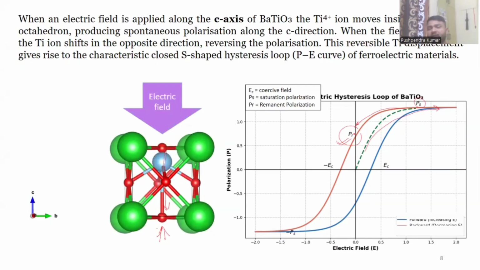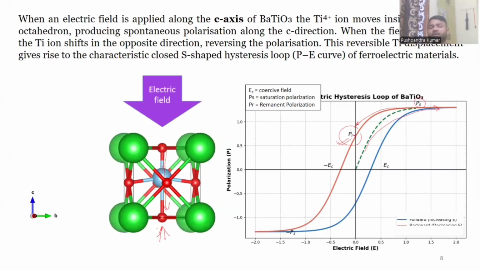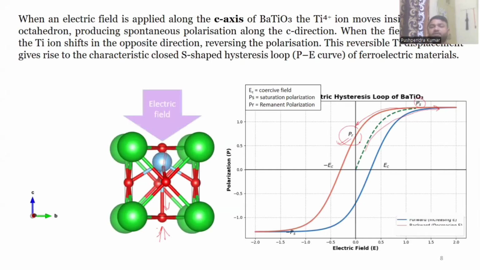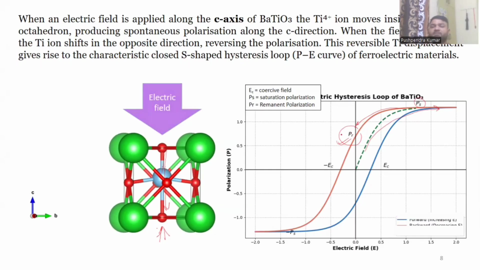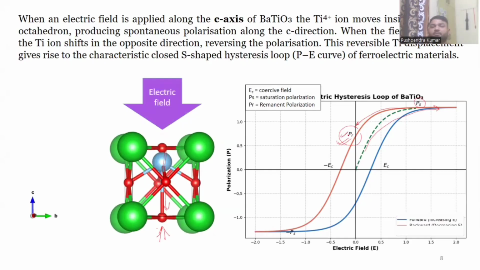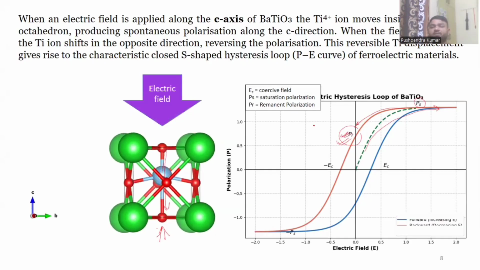The polarization at the point where the electric field is zero is called remanent polarization.